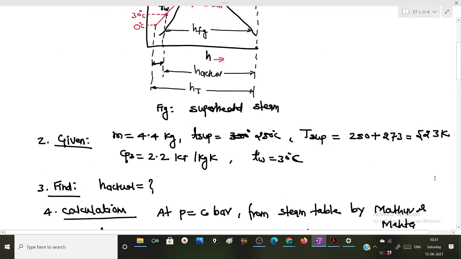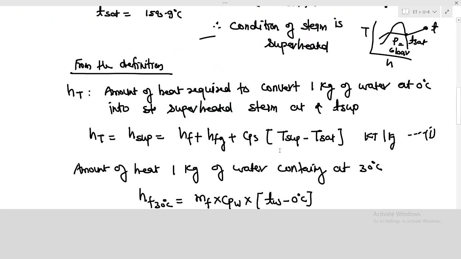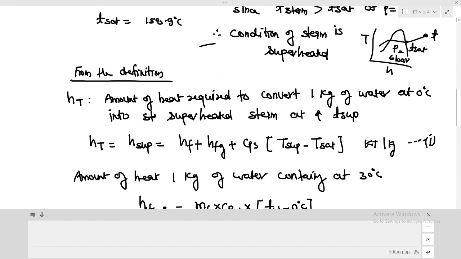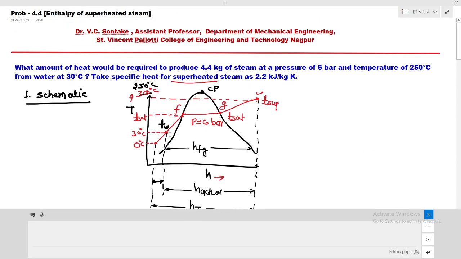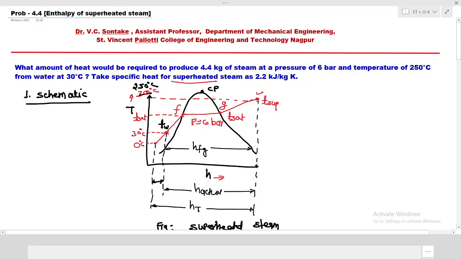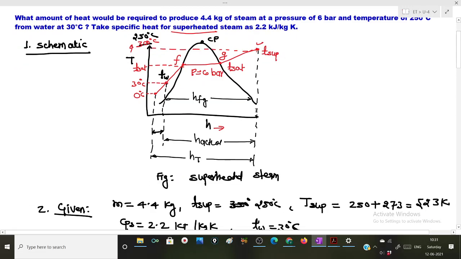So what will be the actual amount of heat required to convert water at 30 degrees Celsius into steam at 250 degrees Celsius? This total heat minus this much heat contained by water by virtue of its temperature at 30 degrees Celsius.